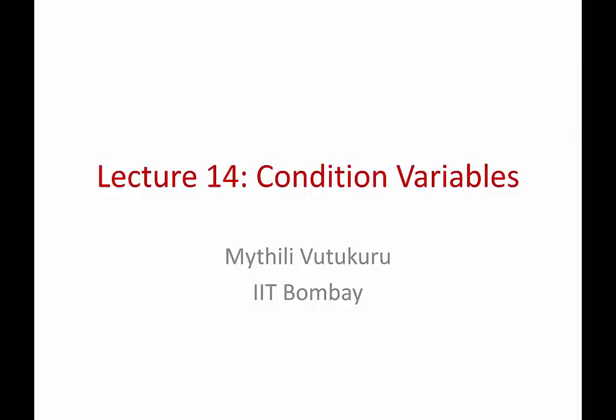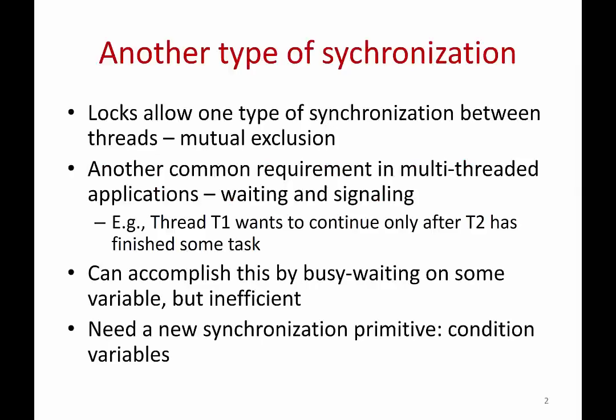In this lecture, we are going to study another synchronization primitive between threads called condition variables. So we've seen one type of synchronization between threads, which is locks, right? If threads need mutual exclusion, if we require that only one thread is executing at a time, then we will use locks.